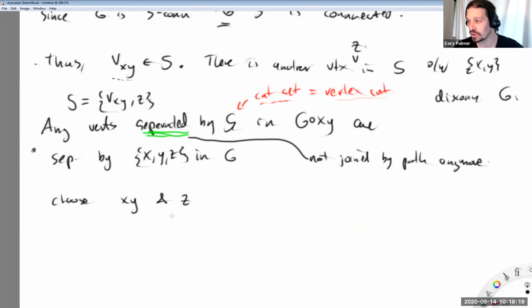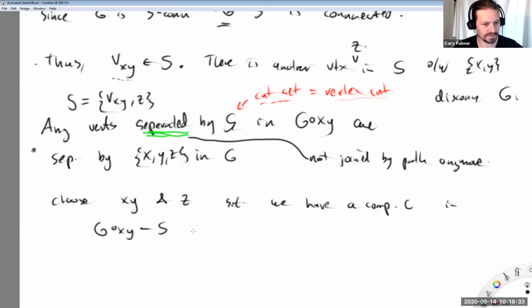Keep in mind, there might be multiple choices for Z, such that we have a component C in the contraction graph minus S. So this is disconnected. It has components. We have a component of minimal size.